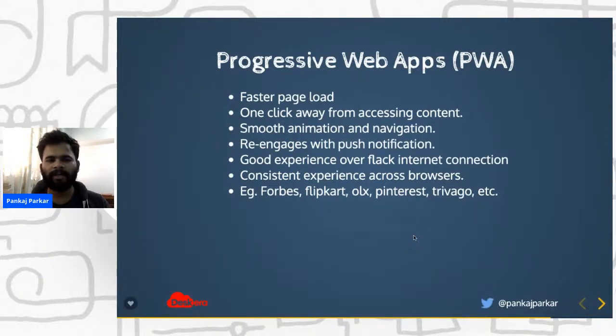Apart from that, progressive web apps help us get access to the navigator API, via which we can access some native APIs from the browser, which can help us integrate payment gateways and this kind of thing. If you look at the current giants, Forbes, Flipkart, OLX, Pinterest, these giants are using PWAs in production.